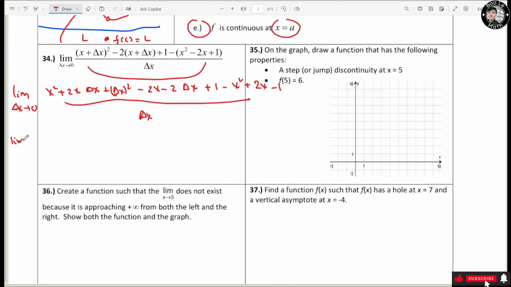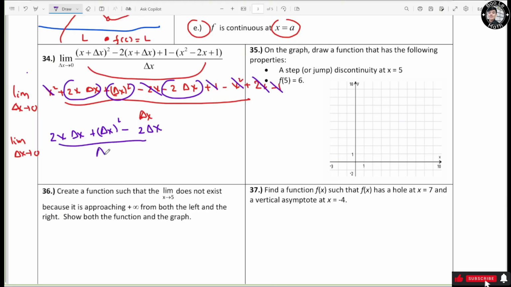So it could be the limit when delta s approaches 0. Now we're going to simplify this. We have s squared and negative s squared gone. Negative 2s and 2s gone. So we have 2s delta s left right here, plus delta s squared, minus 2 delta s. 1 and negative 1 are gone, all over delta s.